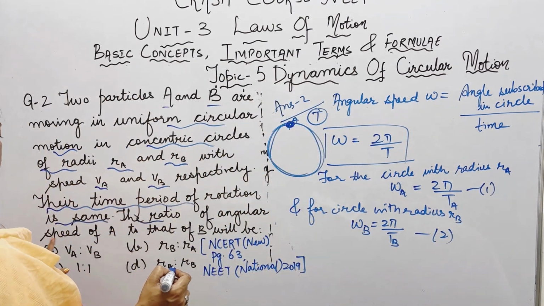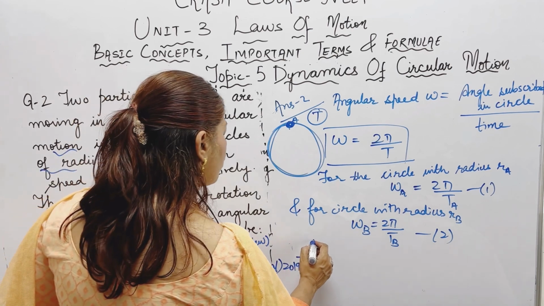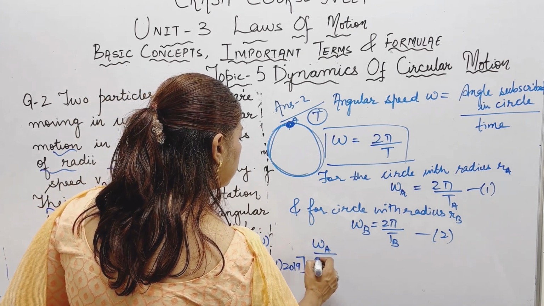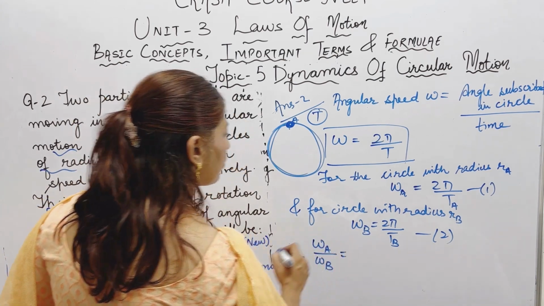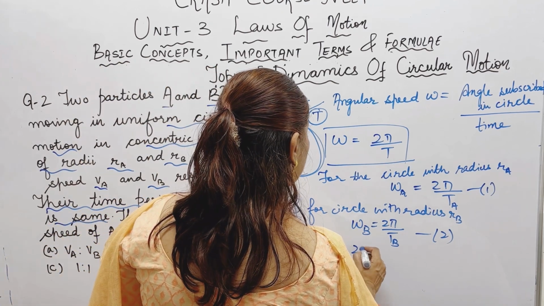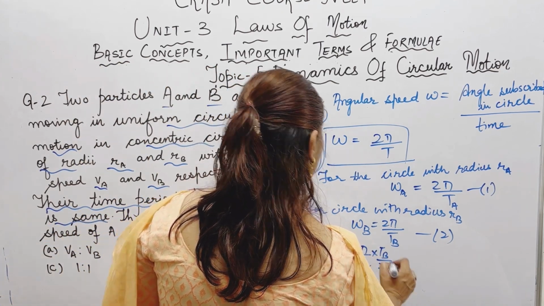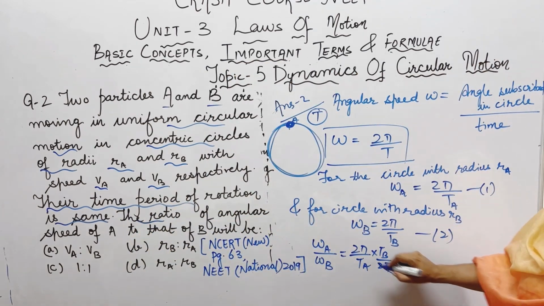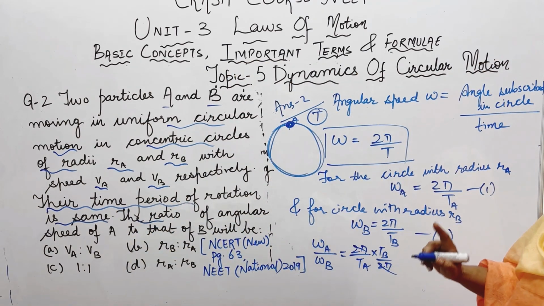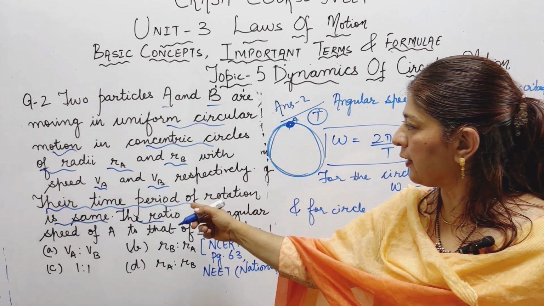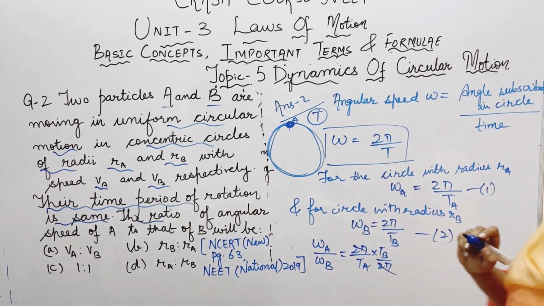We have to take the ratio of the angular speed. So omega A to omega B, this ratio will be 2 pi by Ta into Tb by 2 pi. So this cancels. Now, one more thing is given here: the time period of rotation is the same.